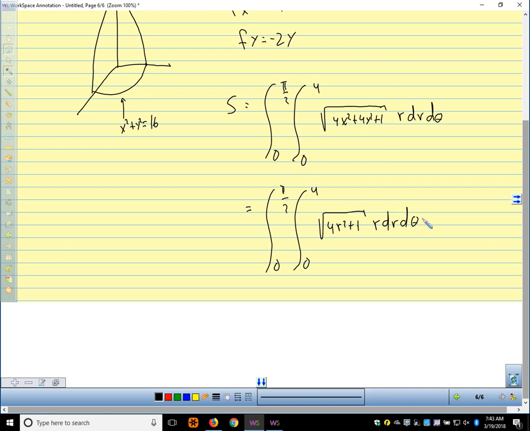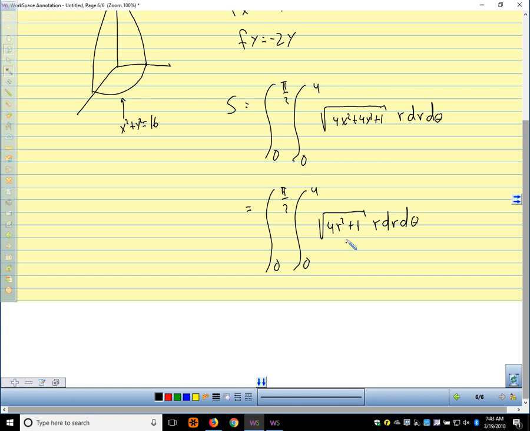Nice u sub integral. I didn't evaluate that one either. So it looked like it could be messy, but it turns out really nice. With quadratic surfaces, you get a square root of an r squared something something, and r dr d theta.